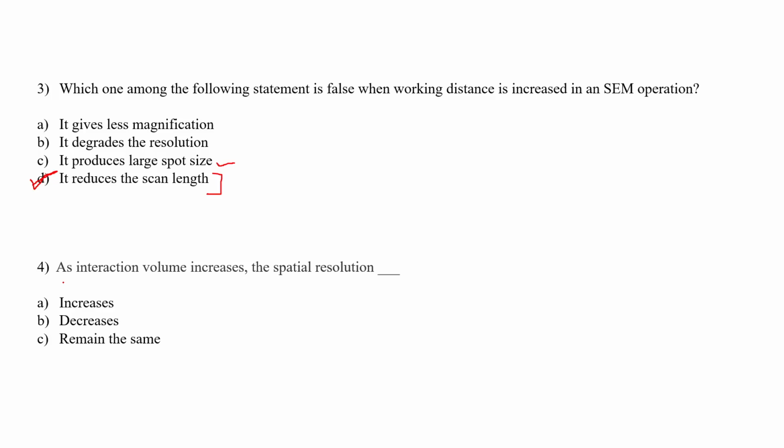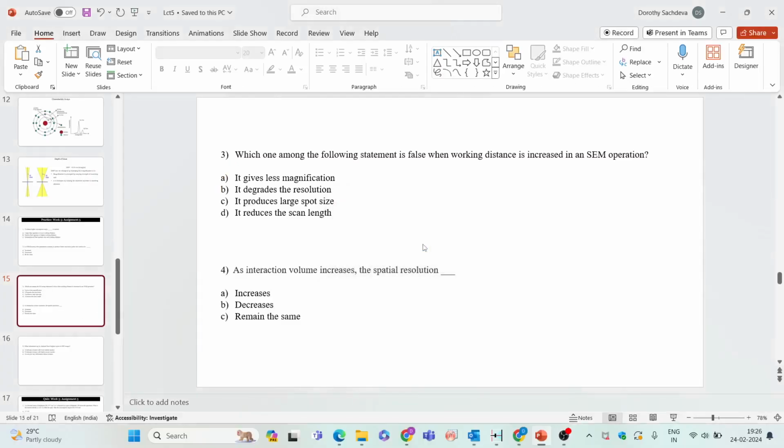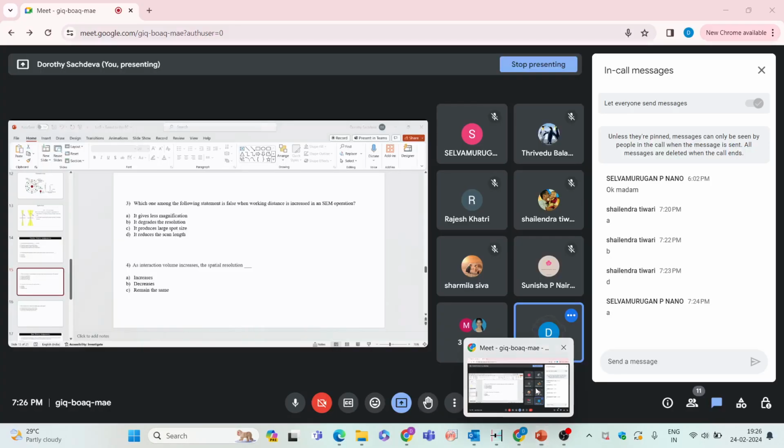If we are increasing the interaction volume, then each time we are getting signal from a larger area. So as a result, the spatial resolution will increase, decrease, or remain the same.